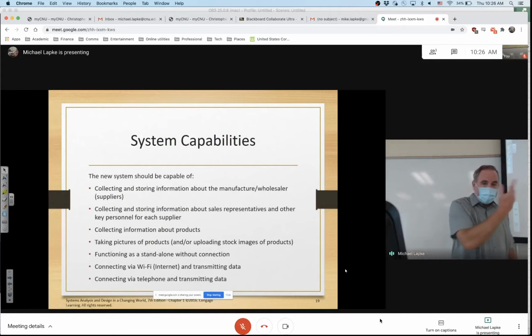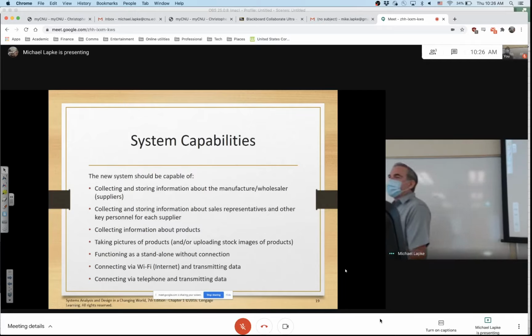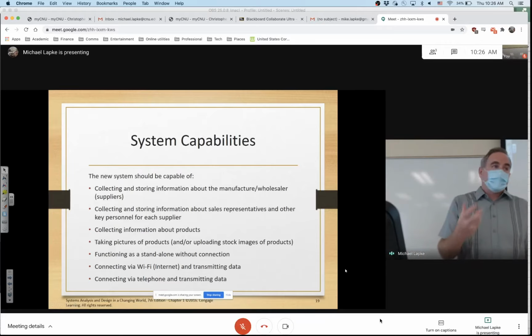But right now, as I'm reading this, collecting and storing information about the manufacturer, wholesaler, suppliers, immediately in my mind, I'm already picturing an entity relationship diagram. I'm already picturing the entity that's going to store the information about the manufacturer and wholesaler. I'm already thinking about how that might be related to other things. For example, if there's a purchase order, does that relate to the person that you're buying it from?